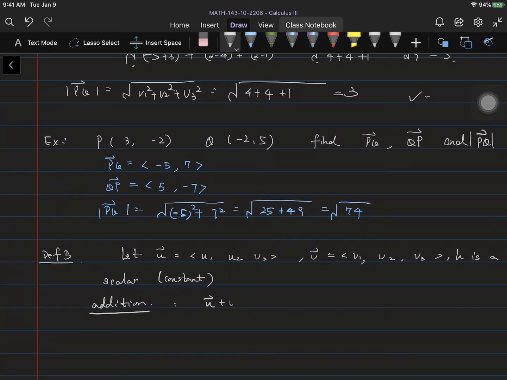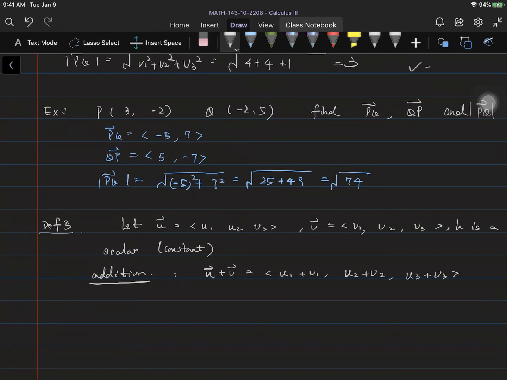So U plus V, the vector, we just add their components together. So U1 plus V1, U2 plus V2, U3 plus V3. This is called the sum. And the scalar multiplication. We use K, that means if we use a scalar times a vector U, we can just multiply the scalar times every component of the vector.